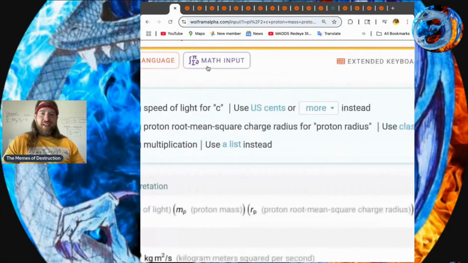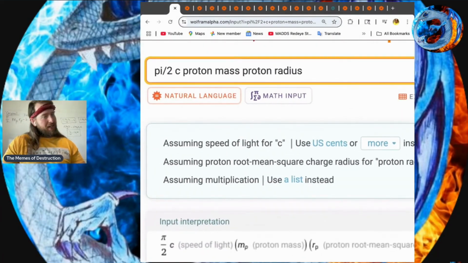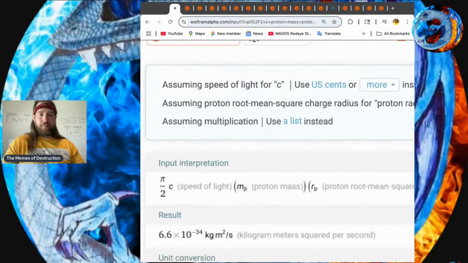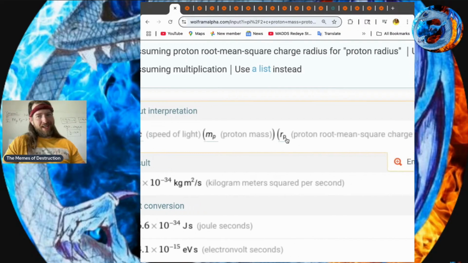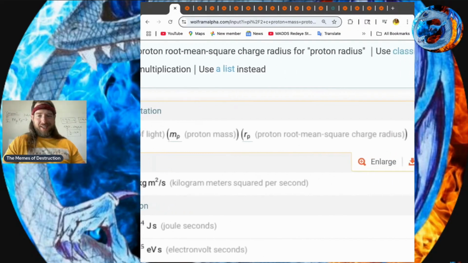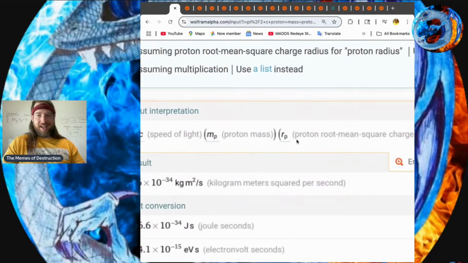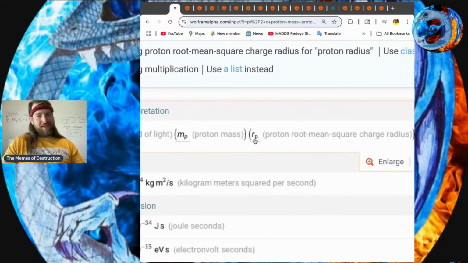Okay, so Dr. Unzicker is pointing out, and again, other folks have pointed this out, that if you take this following expression, basically pi divided by 2 times c, the speed of light, times the proton mass, times the proton radius.